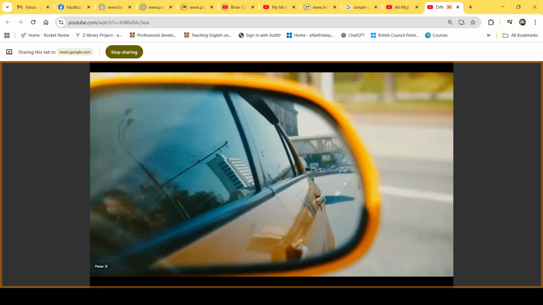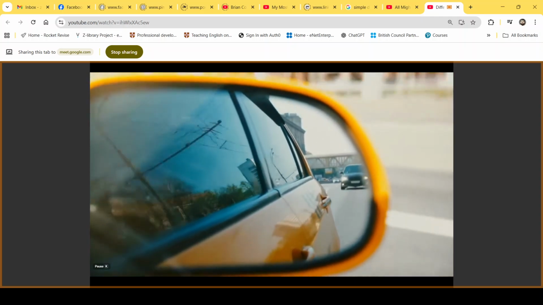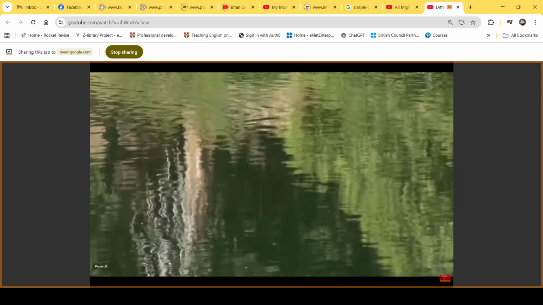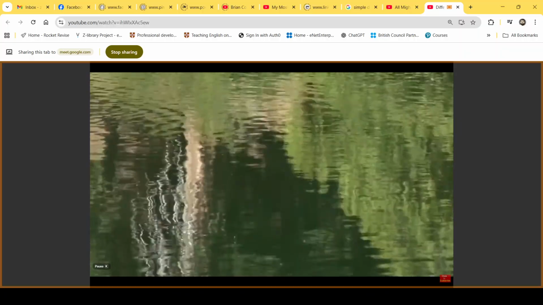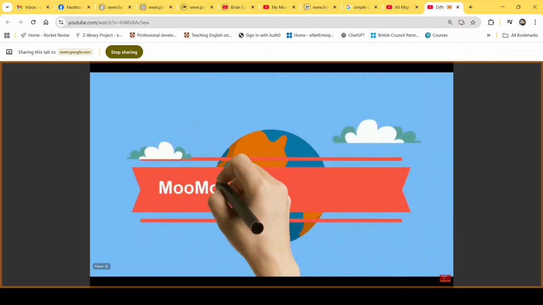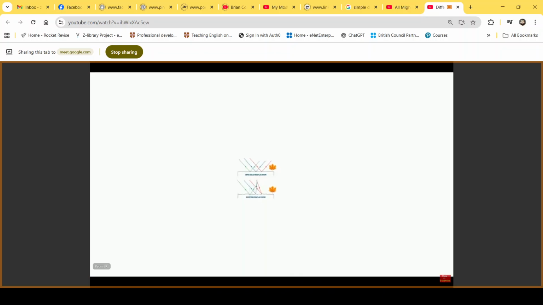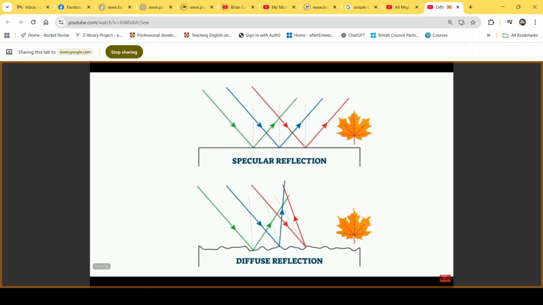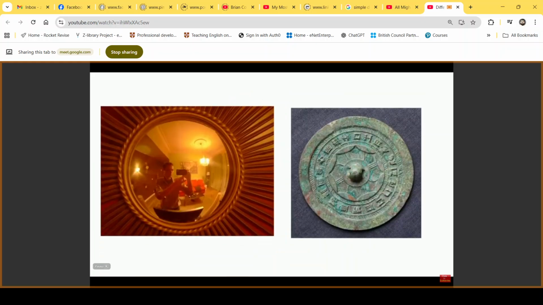All these objects have in common, they're all examples of the reflection of light. Welcome to Moo Math and Science and the difference between specular reflection and diffuse reflection. Not all objects reflect light the same way.